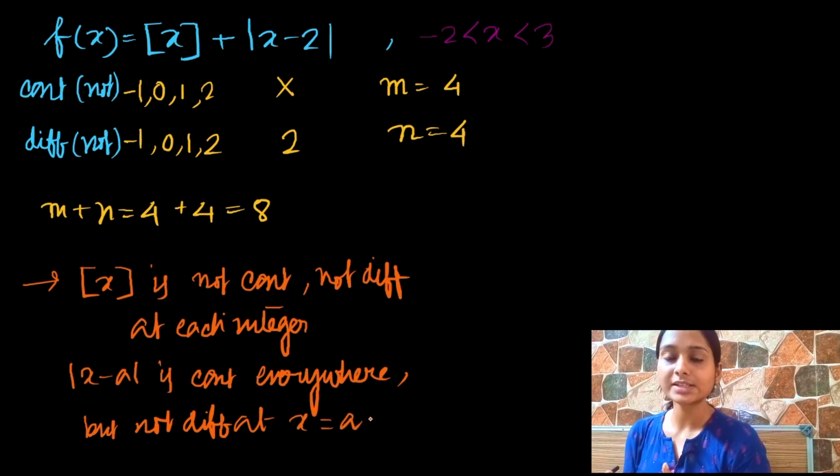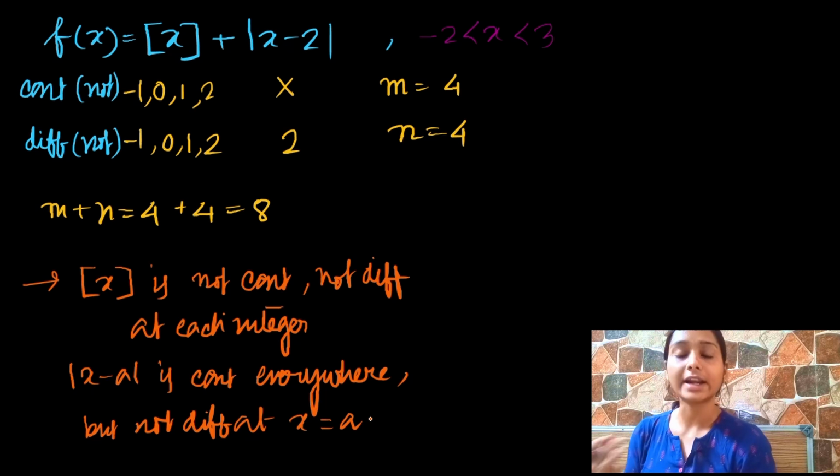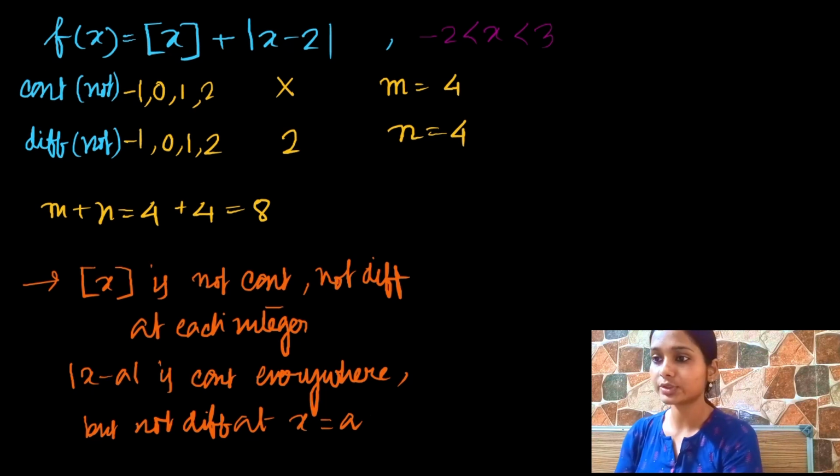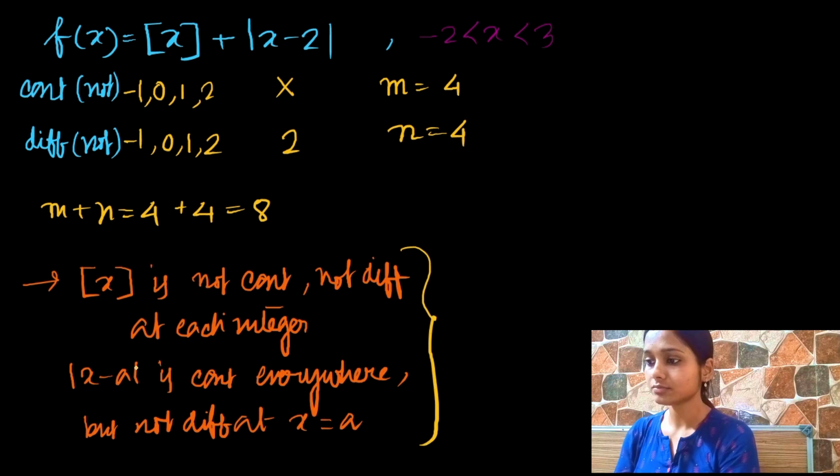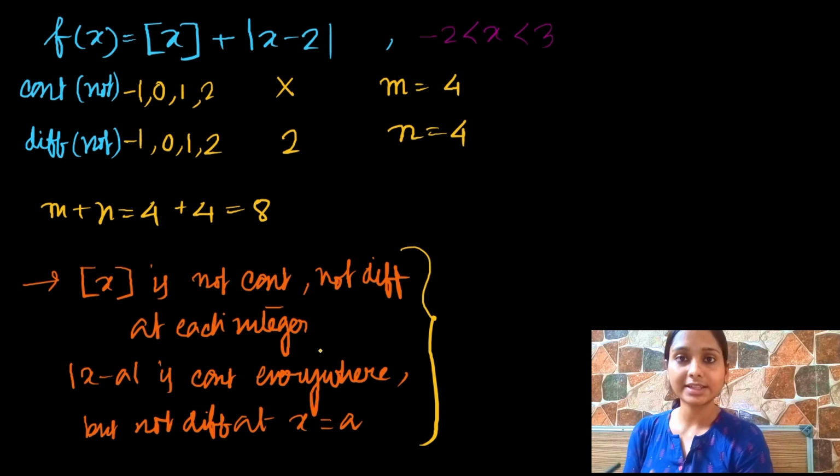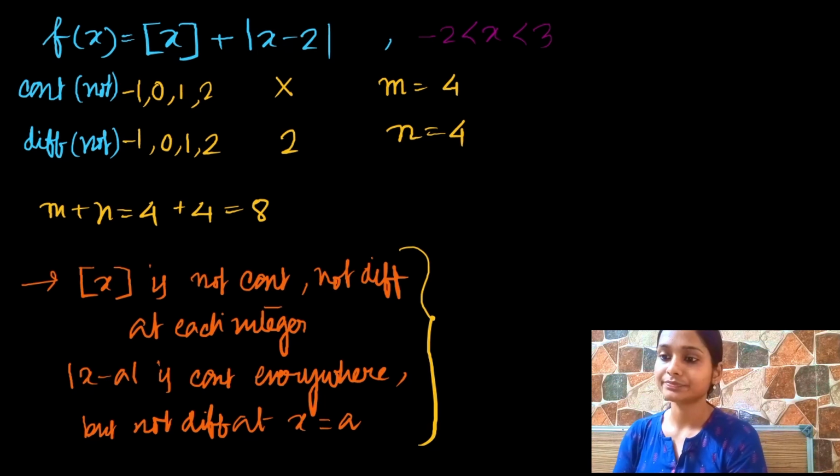By using these properties, we can also solve other questions like this. So these are the important results for this question. By using these results, we can solve other questions from JEE Mains.